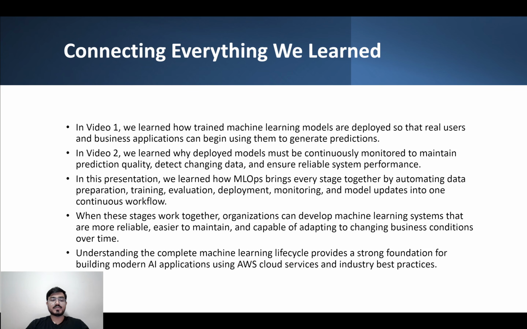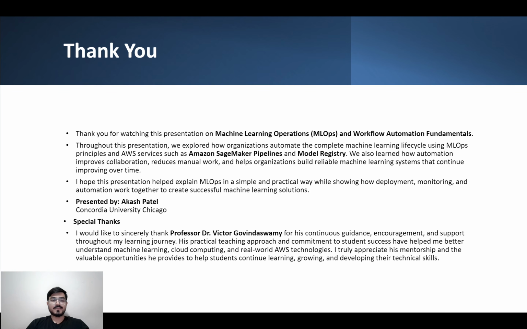And in today's presentation, we learned how MLOps connects every stage of the machine learning lifecycle into one organized and automated workflow. This allows organizations to build machine learning systems that continue improving over time while reducing manual work and increasing reliability. Together, these three presentations show the complete journey of a machine learning model from training to deployment to monitoring and finally to full automation.